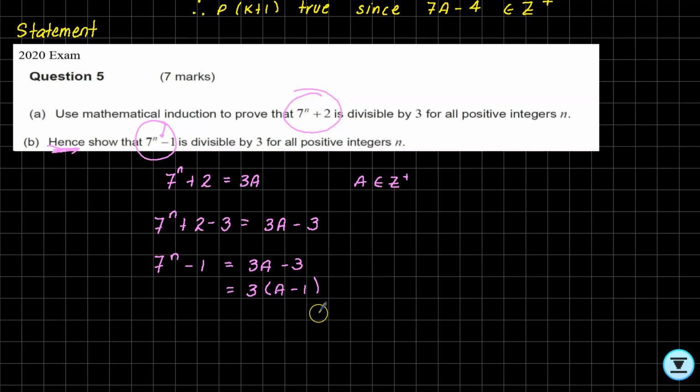And since a was an integer, we can say, therefore, 7 to the n take 1 is divisible by 3, since a take 1 is an integer, because it's 3 times an integer.